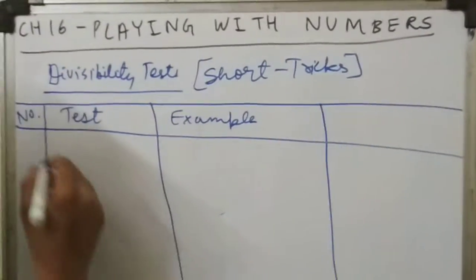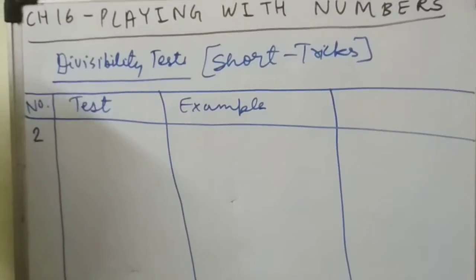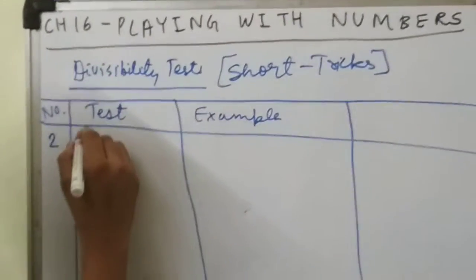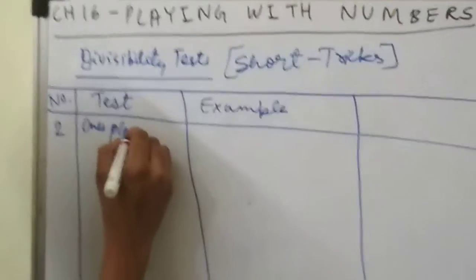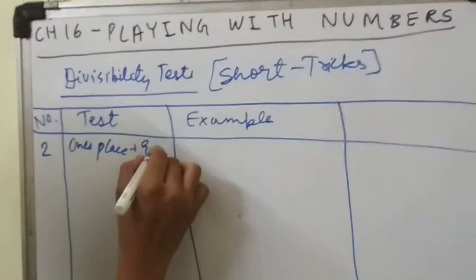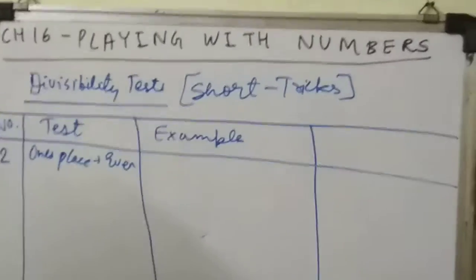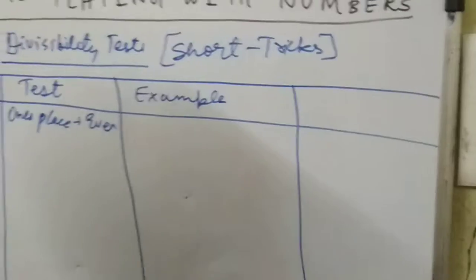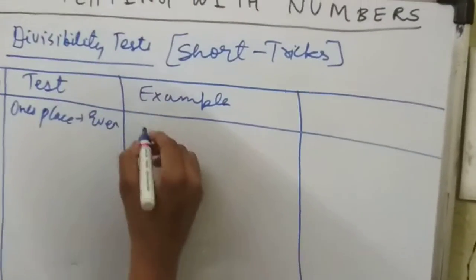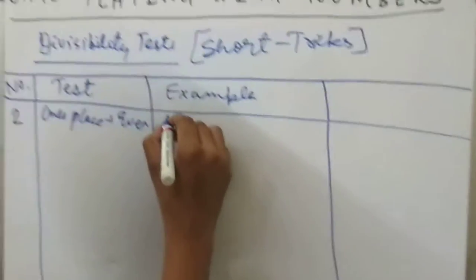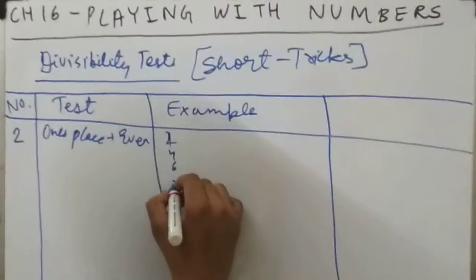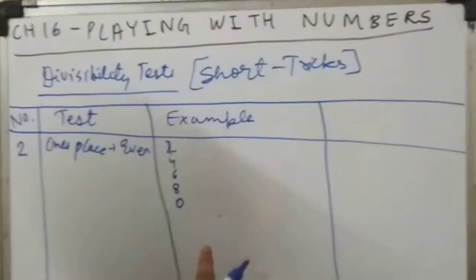Now, the first number which is given in your book is 2. Simple test: whether the ones place is even or not. You have been learning from class 3-4 what odd numbers and even numbers are. If a number has units digit as 2, 4, 6, 8 or 0, then it will be called an even number.